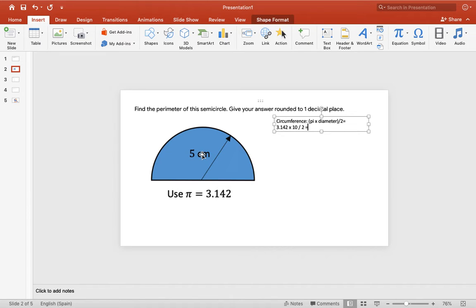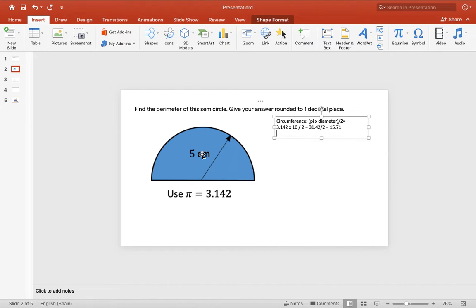So we get the following: 31.42 divided by 2. And I'm going to ask my Alexa what the answer is. Alexa, what is 31.42 divided by 2? 31.42 divided by 2 is 15.71.